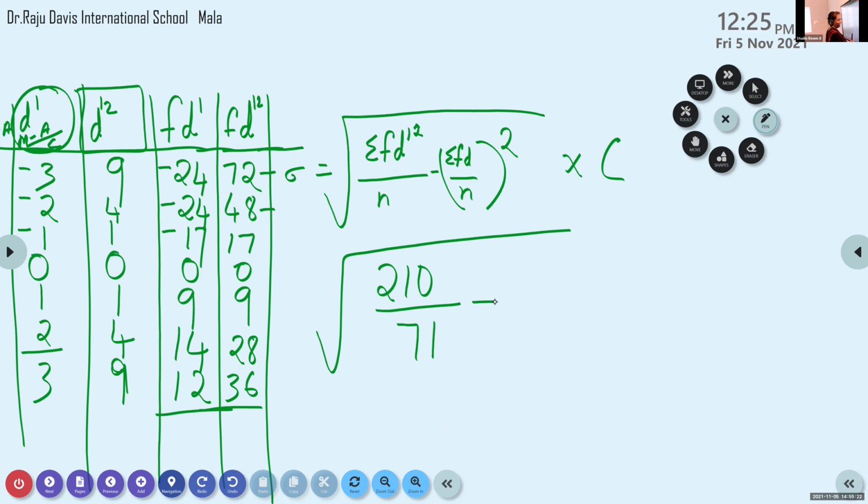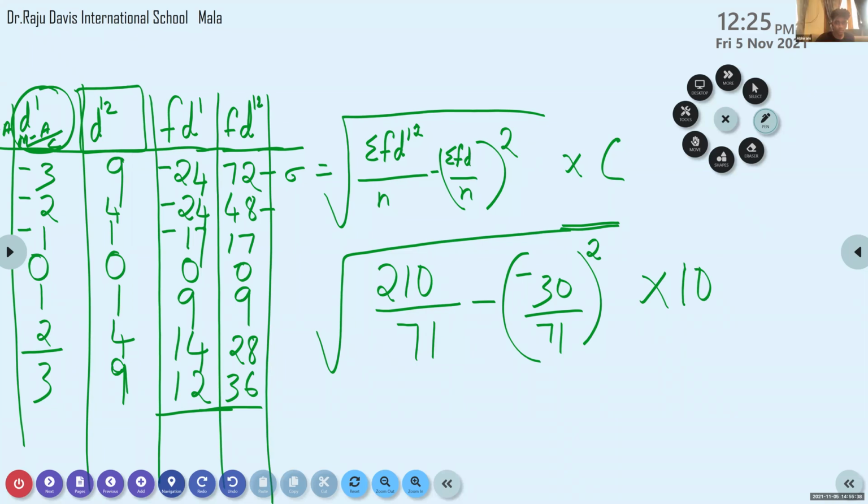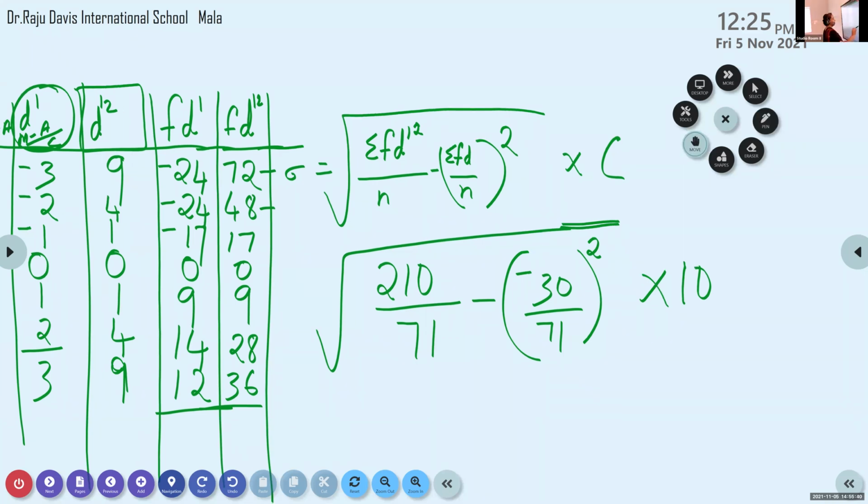Abhilash, negative 30. Negative 30 by 10, whole square into C is what? 10. Okay.